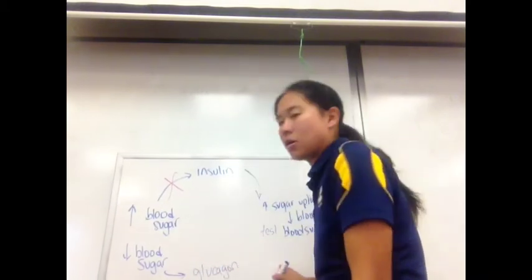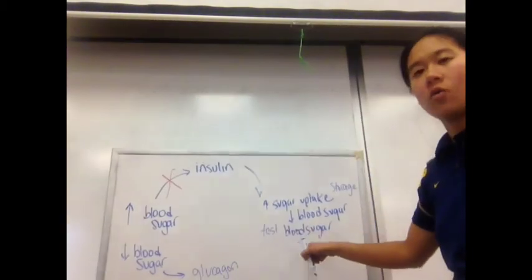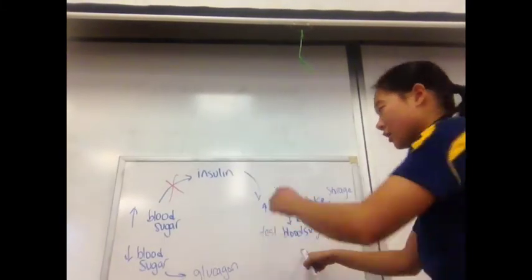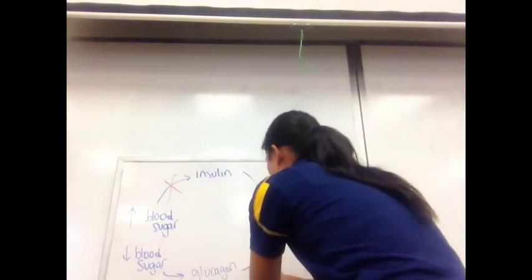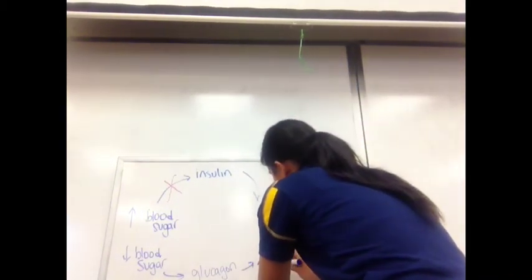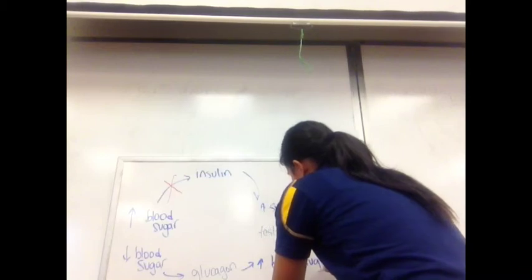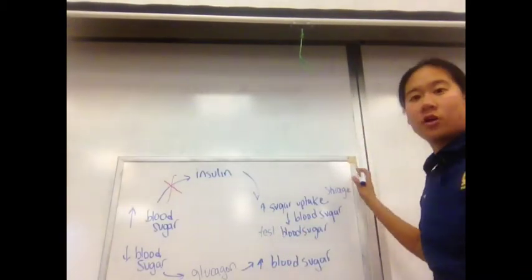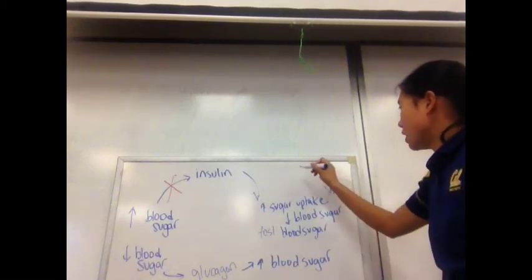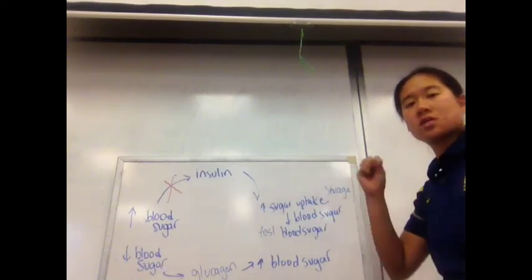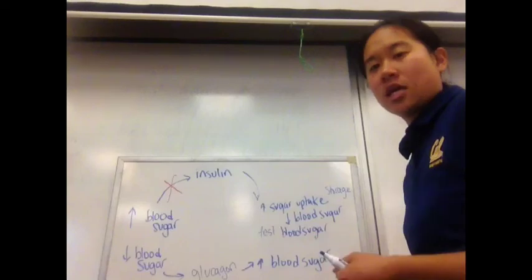The way I remember what glucagon does is glucagon only shows up when glucose is gone. This in turn raises blood sugar, and that allows you to keep functioning during the day. So these are the two ways we keep negative feedback for blood sugar, using two hormones, insulin and glucagon, to take care of your body.